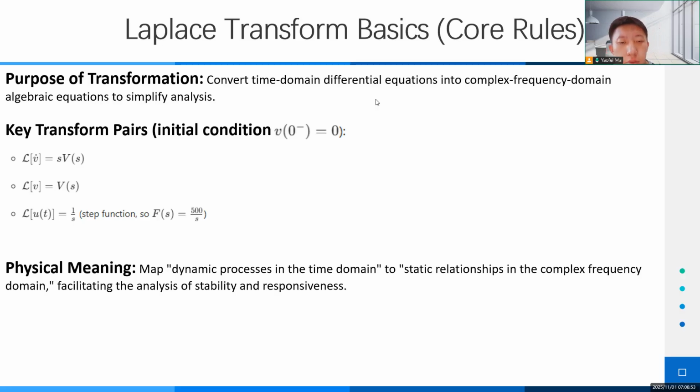In simple terms, the Laplace transform takes how the system changes over time and turns it into a static relationship so we can use algebra to find the system behavior.